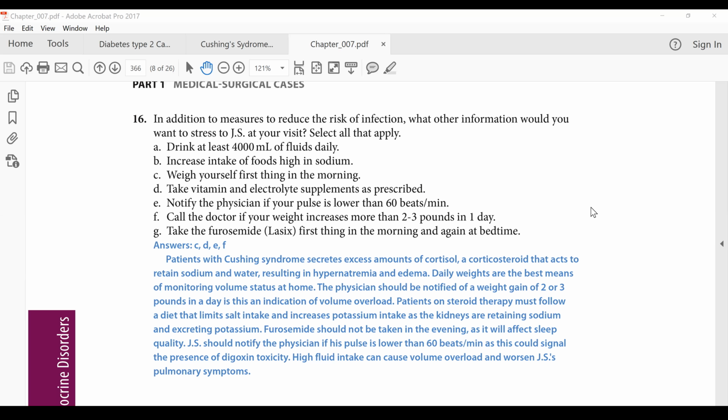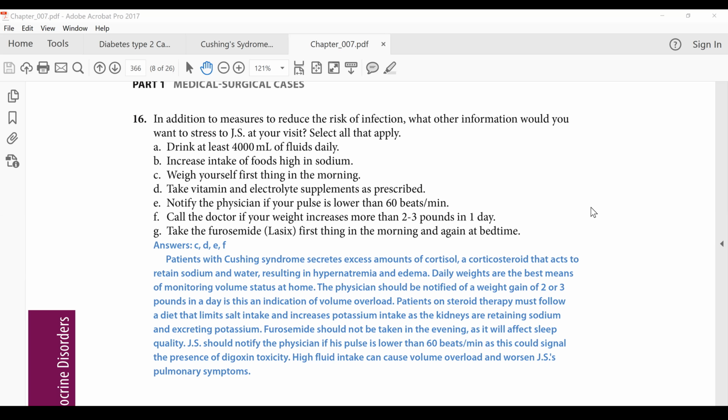Yes or no? Yes. So they need to check their weights daily. They need to know that it's lifelong, not short term. Watch for falls. Watch for GI distress. Those would be some of the things we want to talk to them about.